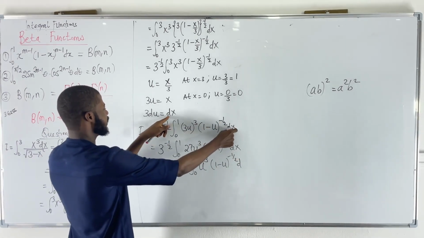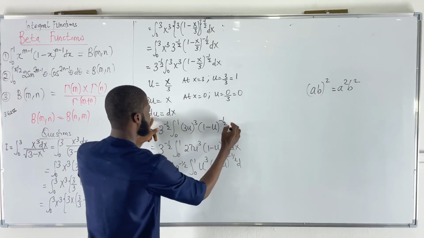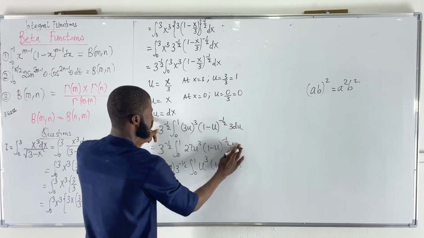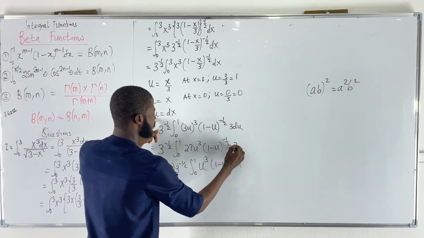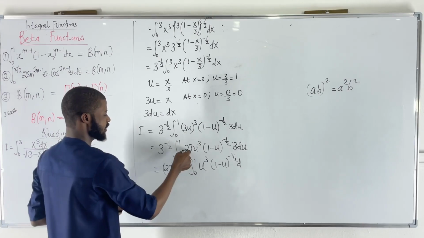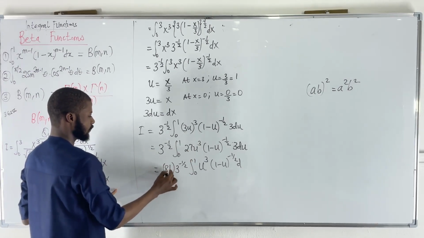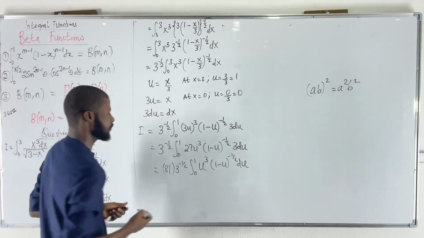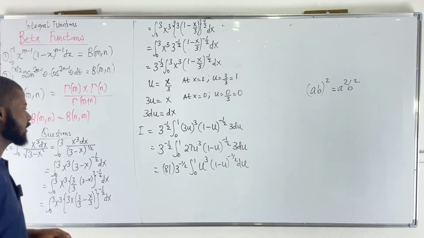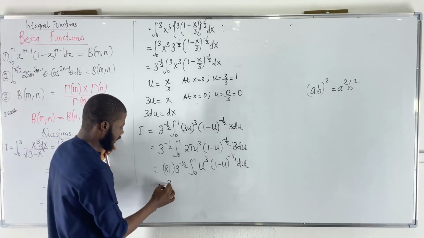Sorry. dx is 3 du. So 3 du. And then when the 3 times this 27, this should be 81. Sorry about that. Yeah. du. I just didn't see that. Okay. Now this should be 81.